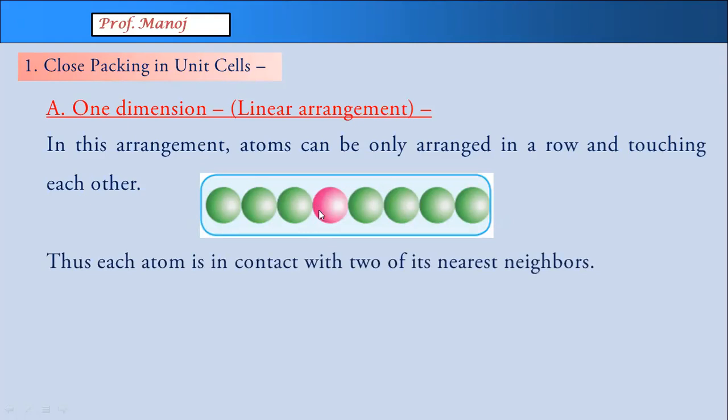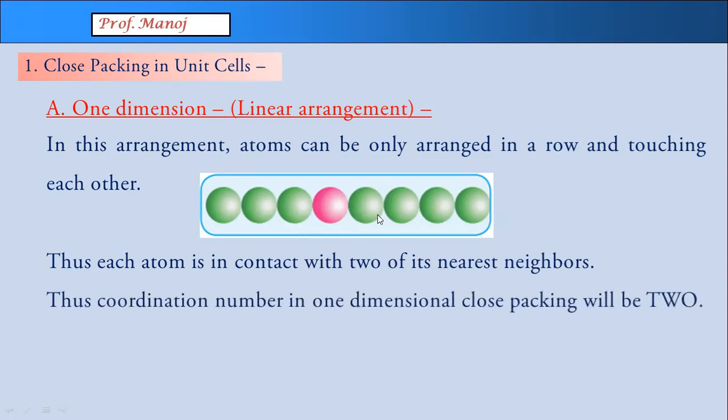You can see this atom, which I'm marking with a reddish color, is in contact with two nearest neighbors. This is what I call the coordination number. So in linear arrangement, the coordination number of an atom is 2. Any doubt before I extend this to 2 dimensions? This is the easiest one you can have. I hope this is very clear.